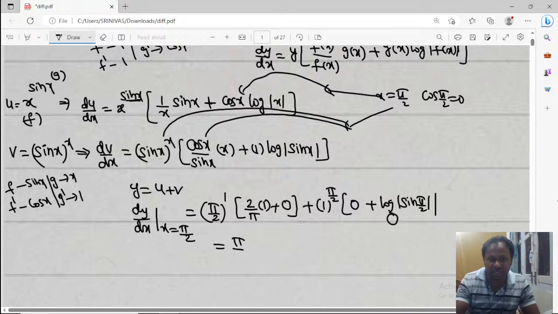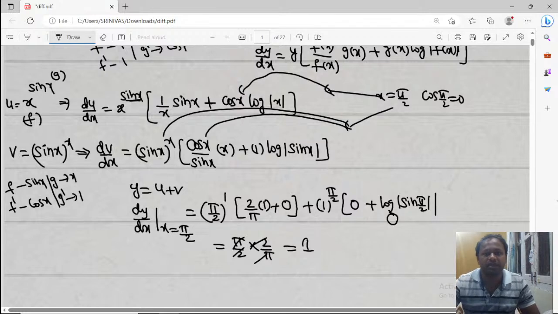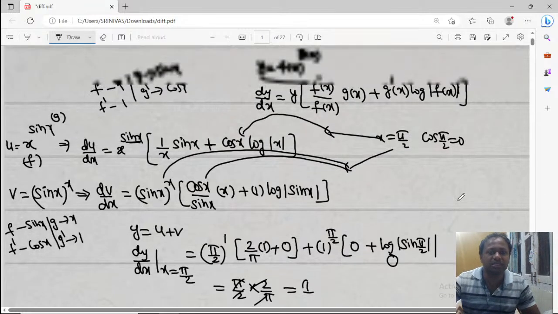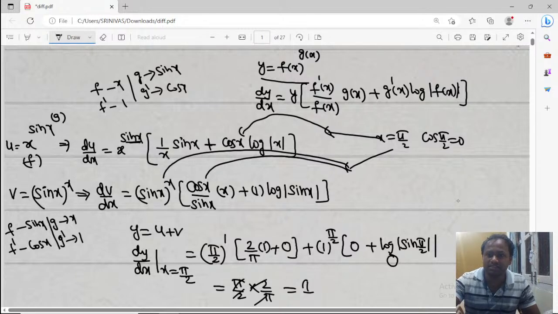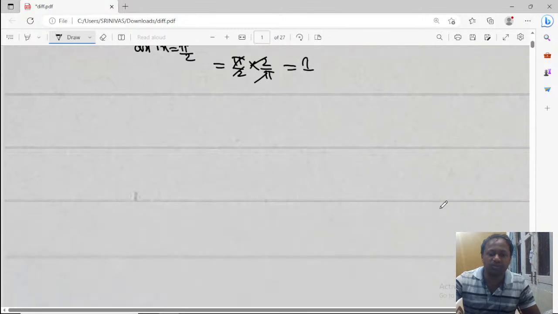So we get pi by 2 into 2 by pi. So the answer will be 1. Just by substituting in this, we will get the solution. The main formula is this one. Next, go through one more.